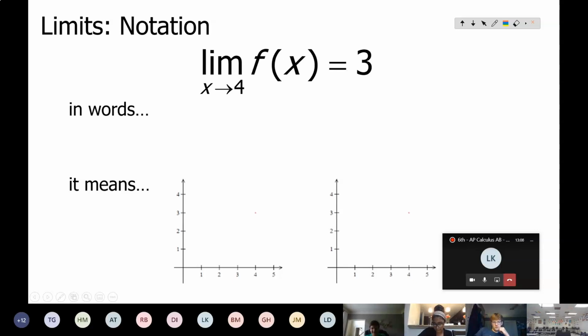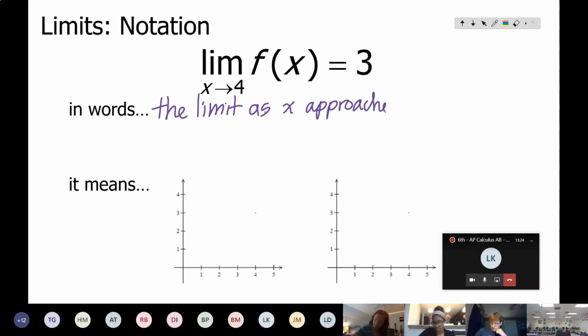How I change all that math symbol into a sentence is, when I see that statement, I read this out loud as: the limit as x approaches 4 of f of x is 3.